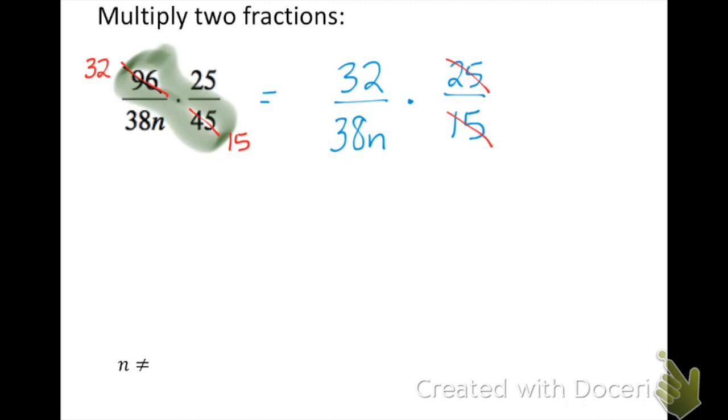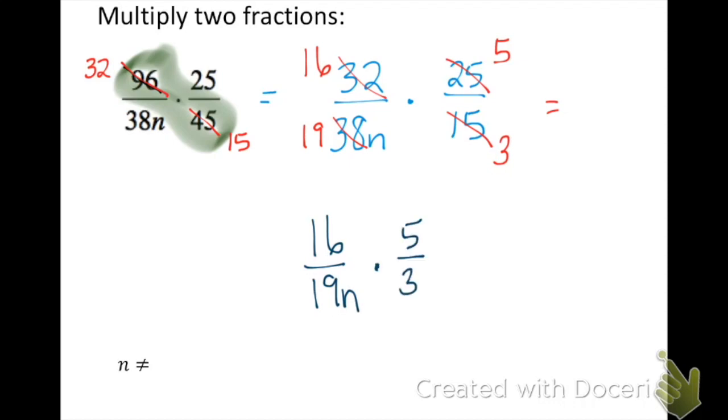I can divide both of those by 5, so I get 5 over 3. 32 and 38, I can divide both of those by 2. So then we have 16 over 19. Let's see what we have now. We have 16 over 19n, don't forget about that n, times 5 over 3. Okay, I think we've simplified everything we can, so let's just go ahead and multiply across. So we have 80 over 57n.